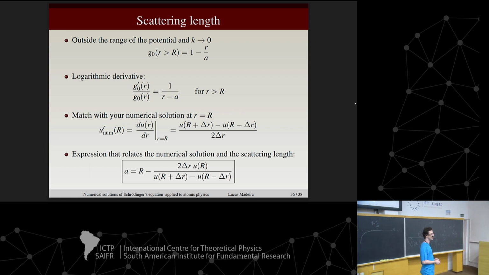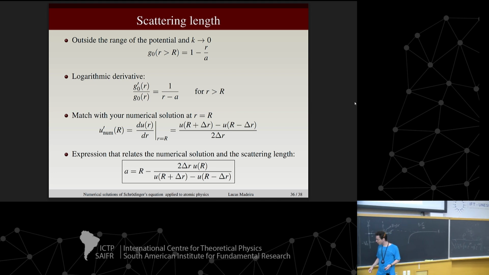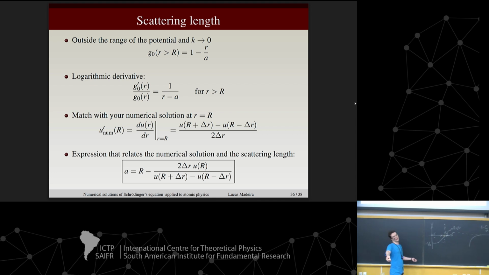Analytically, you can imagine that for just a very few select choices, this thing is going to have analytical solutions. The only one that comes to mind, if you want the scattering length over all the range, is a potential that's like this.